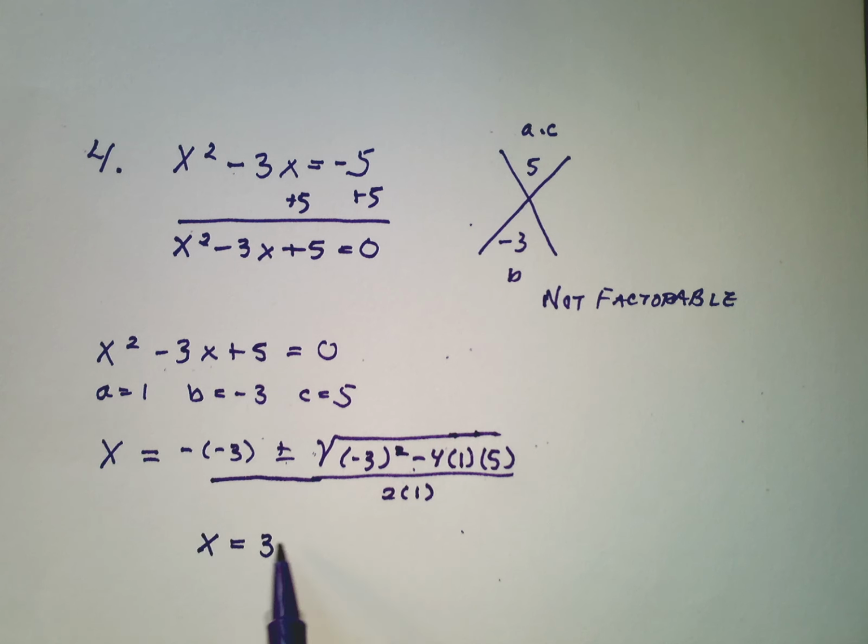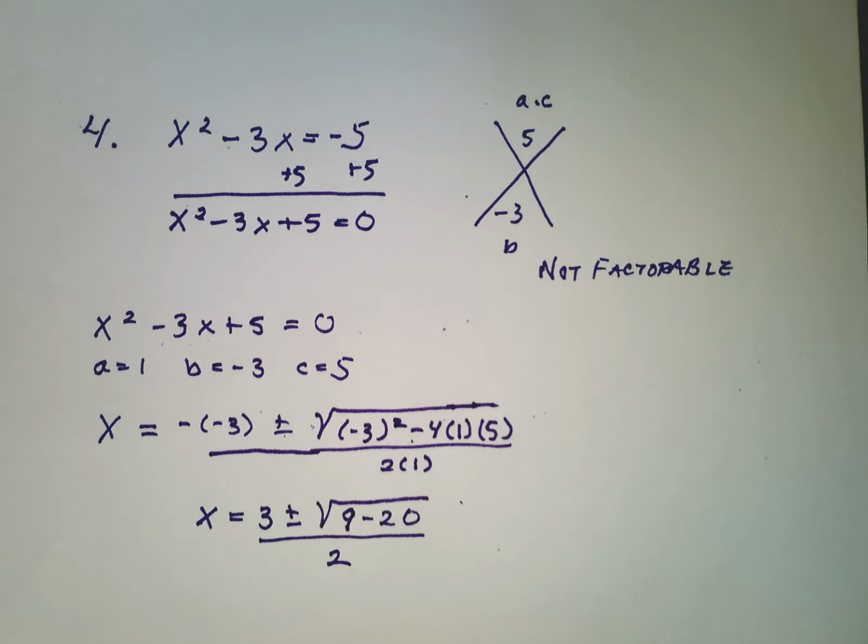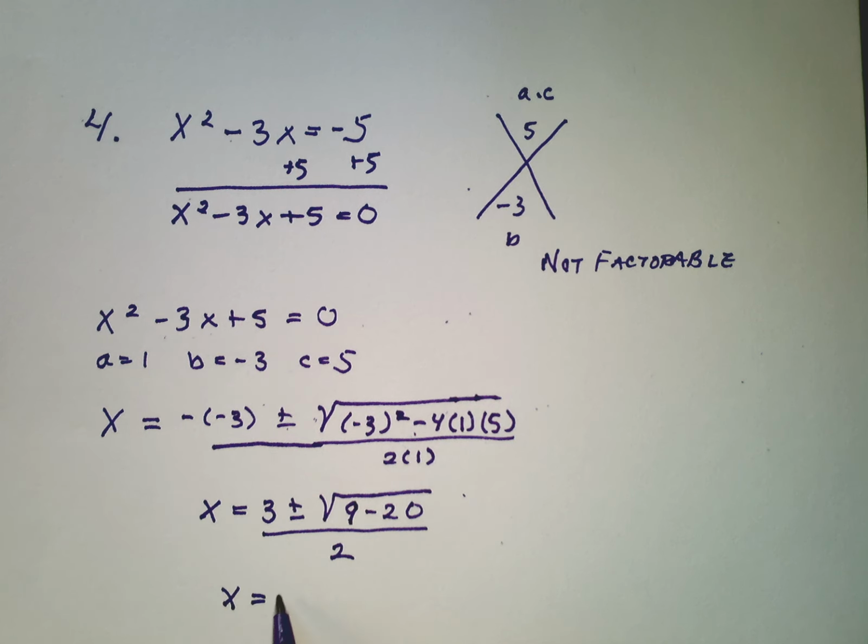So X is 3 plus or minus, well, negative 3 times negative 3 is 9. Minus 4 times 1 times 5 is 20. So we have X is going to be 3 plus or minus the square root of negative 11 all over 2.